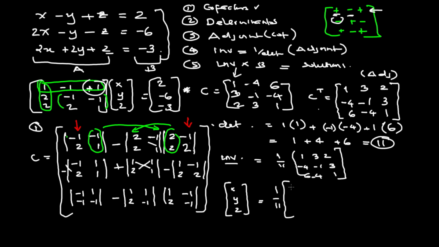I have my 1, 3, 2, minus 4. Remember, I'm getting my adjoint, minus 1, 3. This is my adjoint, not my cofactors now. Then 6, 4, 1. Remember, this is negative. Like that. Then I multiply this with my matrix B.